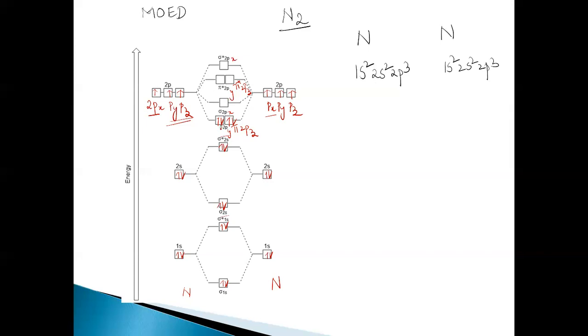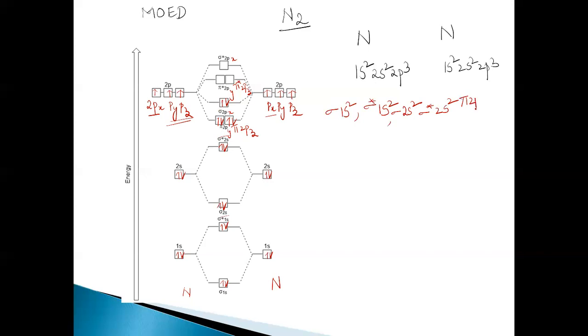Here, by Hund's rule of maximum multiplicity, they become half filled, then the pairing occurs, and the remaining 2 electrons will enter into the sigma. So now when you write the configuration of this: sigma 1s2, sigma star 1s2, sigma 2s2, sigma star 2s2, and these two are degenerate orbitals.